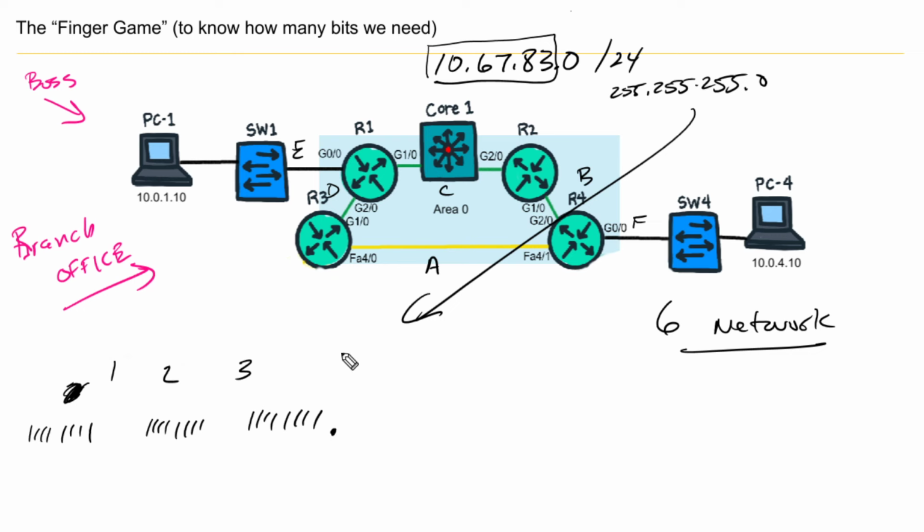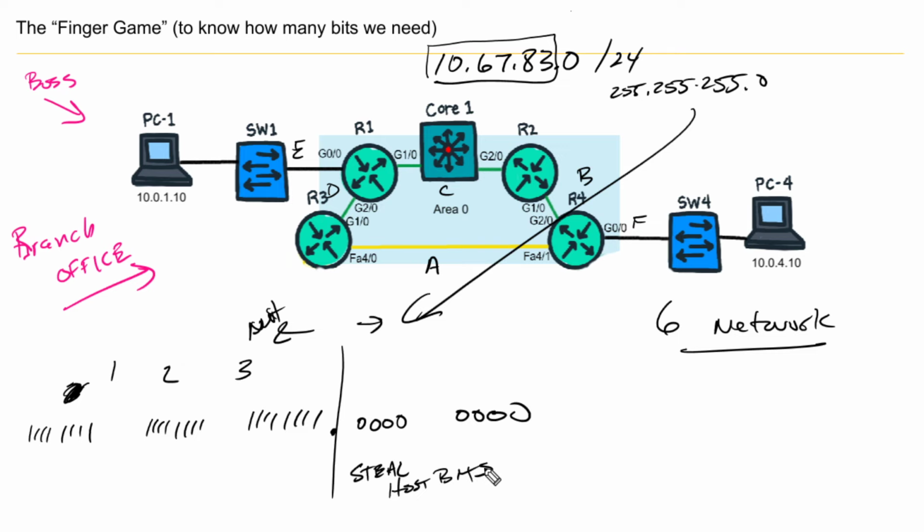So that's the mask, and then these would be zeros. What that says is that the first 24 bits are the network over this way, and the host bits are over here. So all we're doing is we are going to start stealing from left to right host bits.